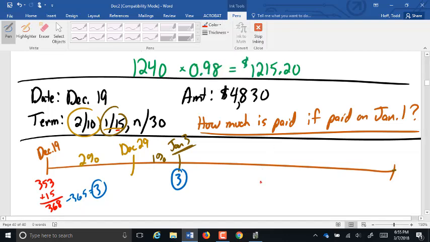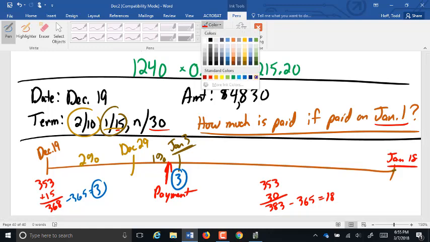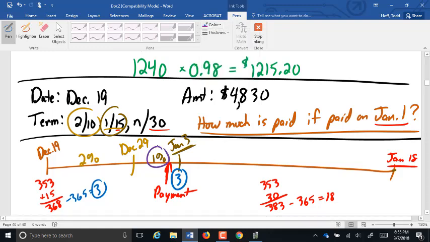We would take our 353 plus 30 is 383. Subtract 365 would give us 18. So January 18th would be the end of our credit period. The payment was made on January 1st, however. Right in here is our payment. What discount do they get? 1%.